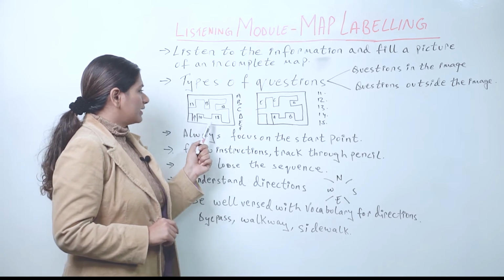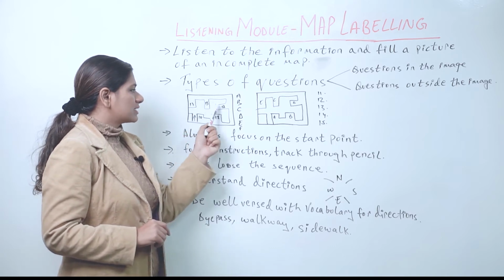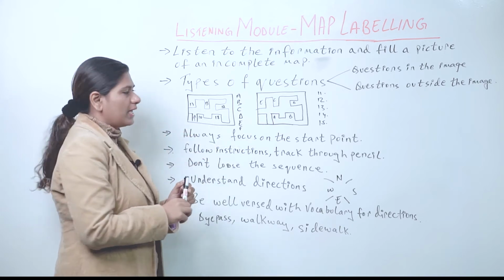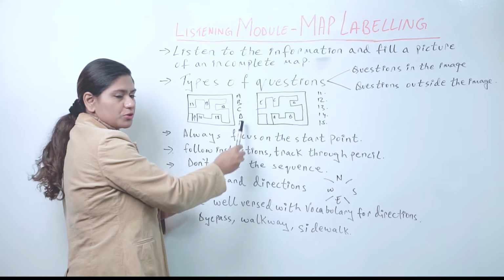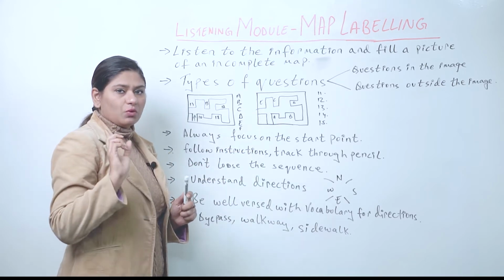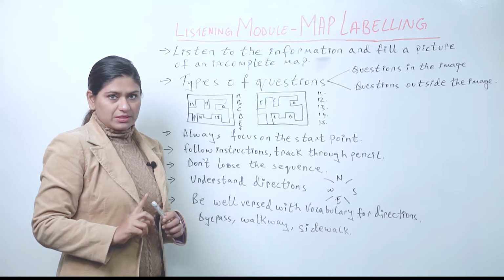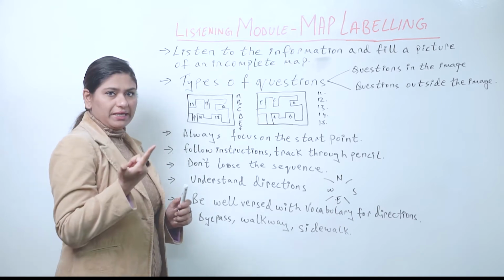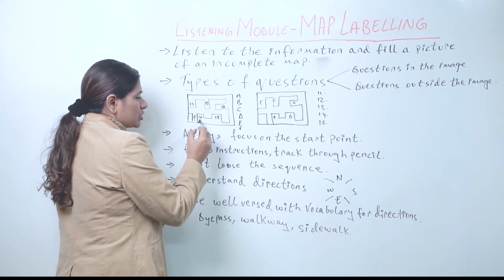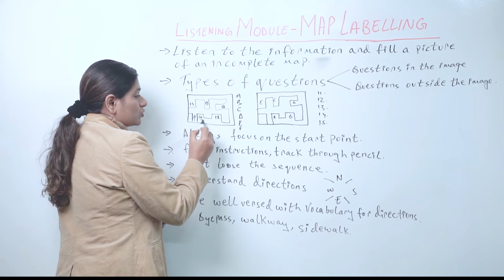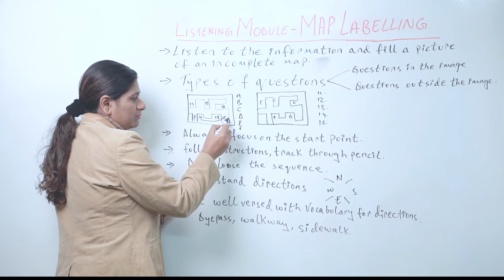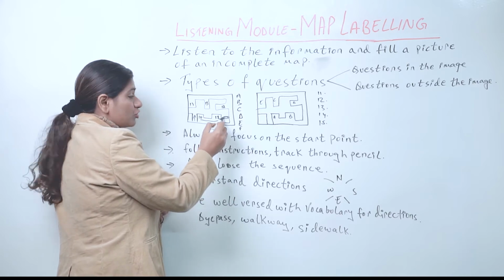The first one is wherein the questions are inside the image, that is question number 10, 11, 12, 13, 14, and you are given multiple options outside the image. Now come what may, you know that the audio is always in the sequence. When the audio will be played, you have to be assured that the audio will start from question number 10, it will go to question number 11, then it might just say something in between where there is no question but information mentioned.